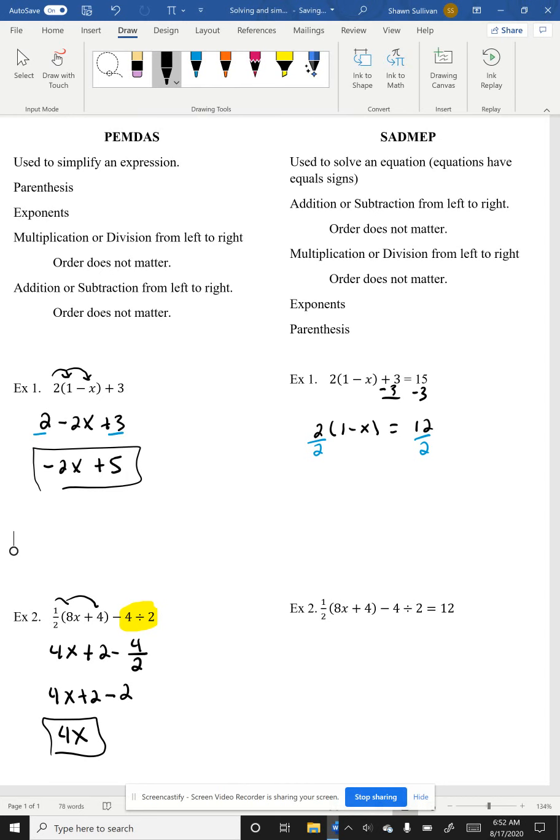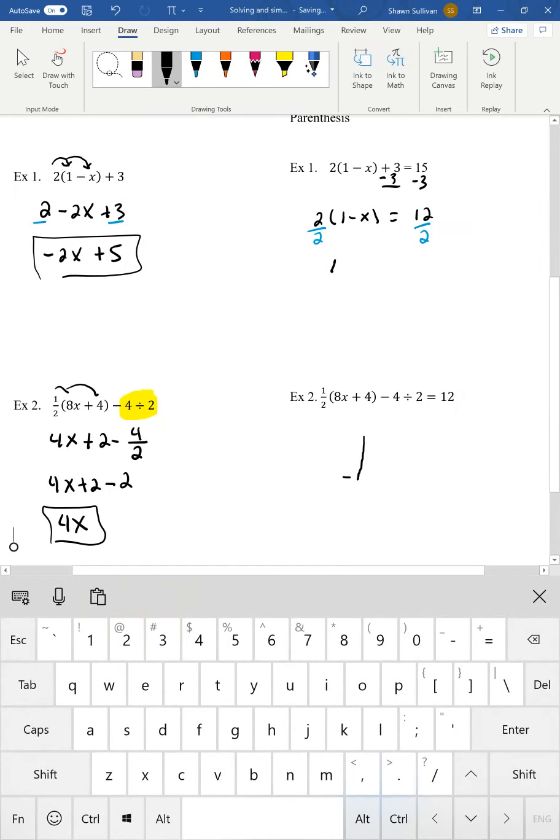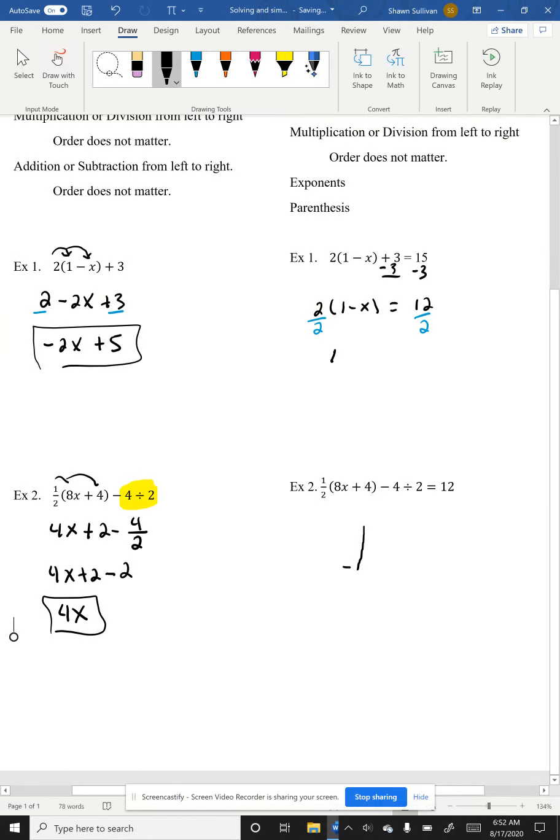So we get 2 divided by 2 is 1, and we're left with 1 minus x is equal to 6. And 12 divided by 2 is 6.